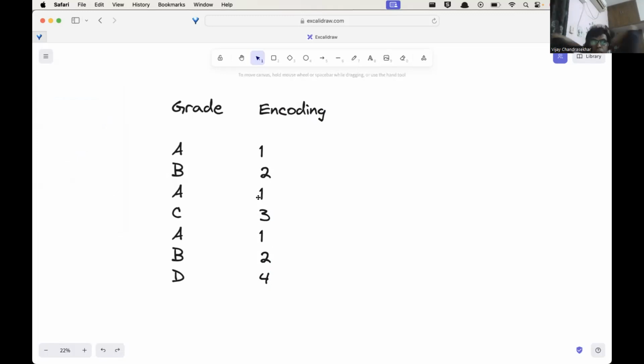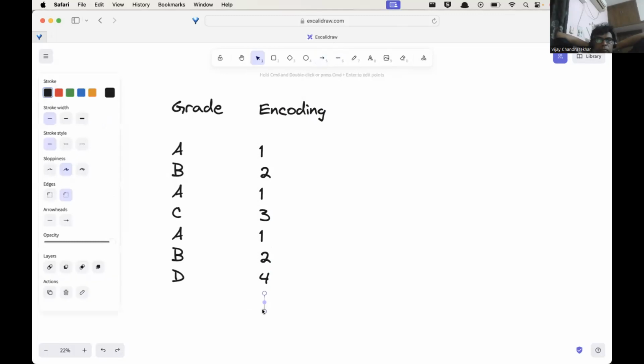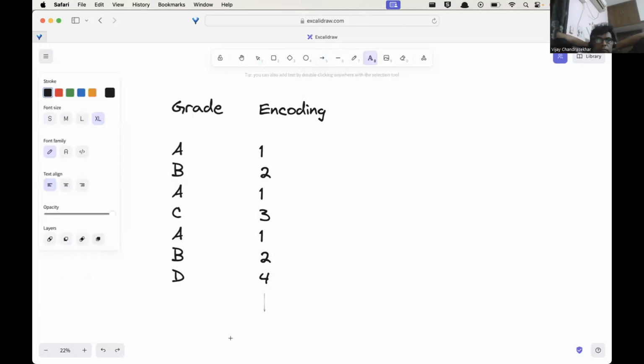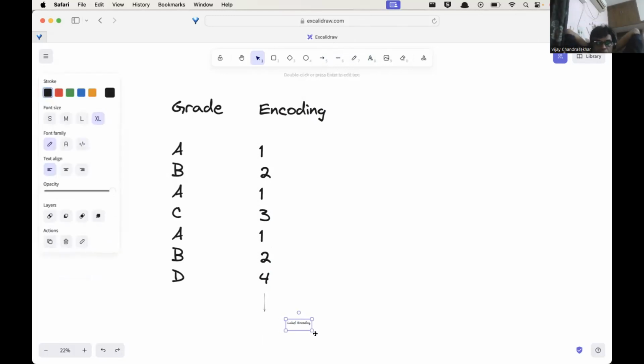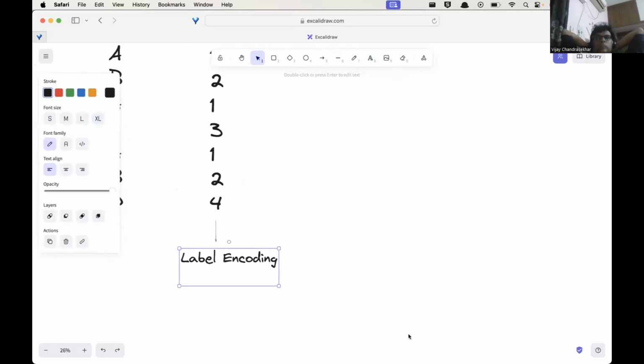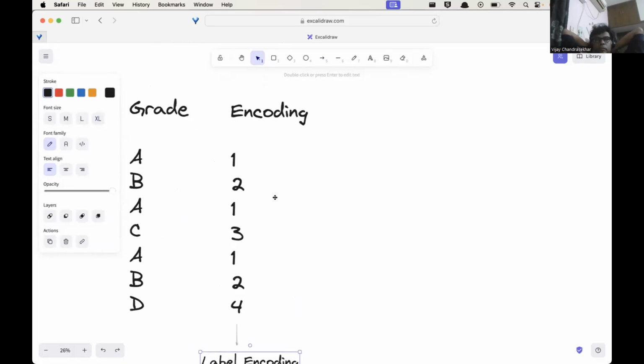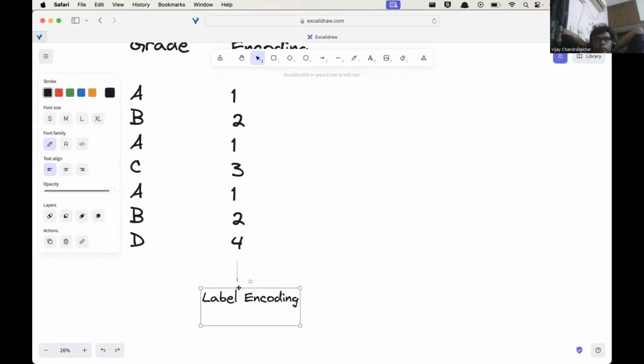For every unique value, I'm going to give a number, and when I encounter a new thing, I increment it and give it the next number. This is called label encoding. The other one, what Vidya has done, is called one-hot encoding.